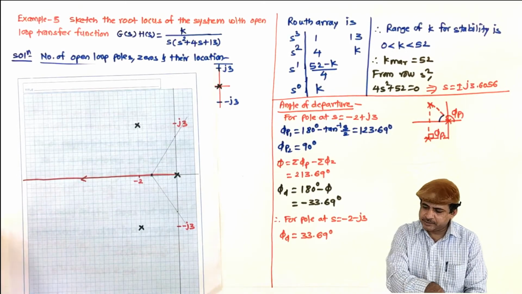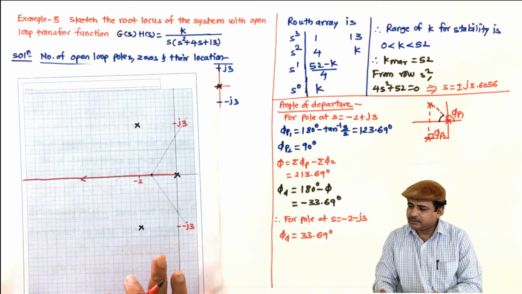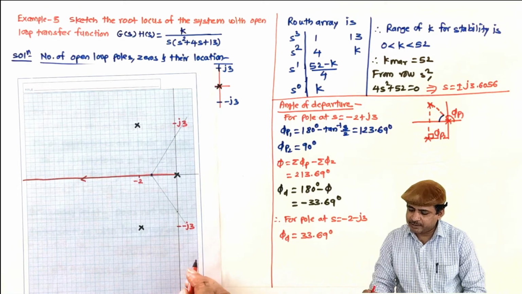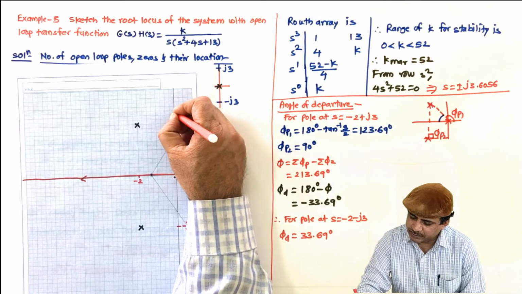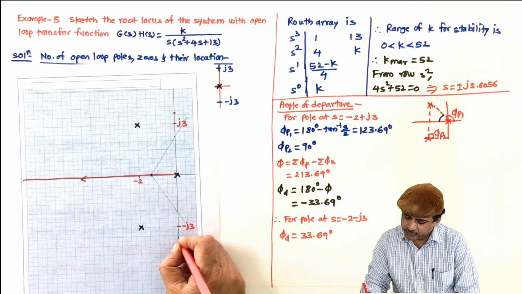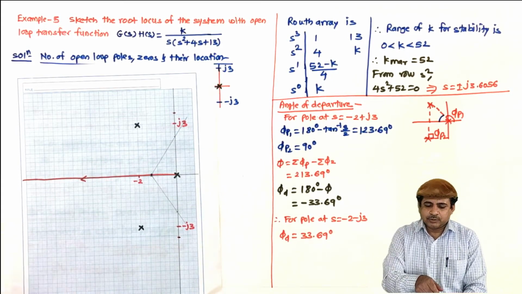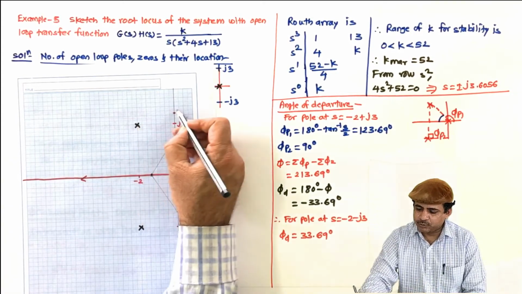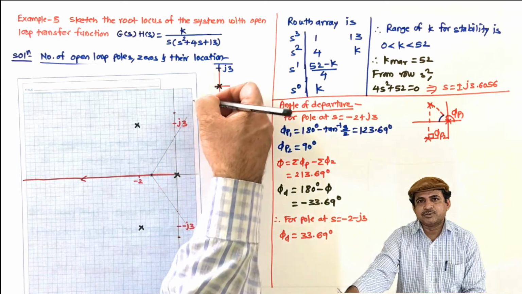Then the next part is, after drawing this, there is no breakaway point, we just have to mark the intersection with the imaginary axis. It is just 3.6, so this is 3.5 and this is 3.6 here. And now these poles will approach each other, and they will travel along these two asymptotes.